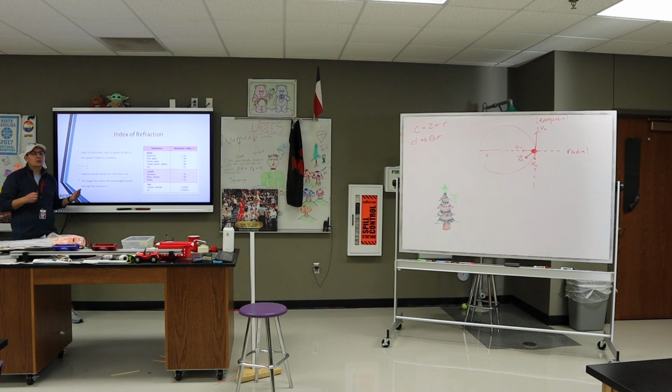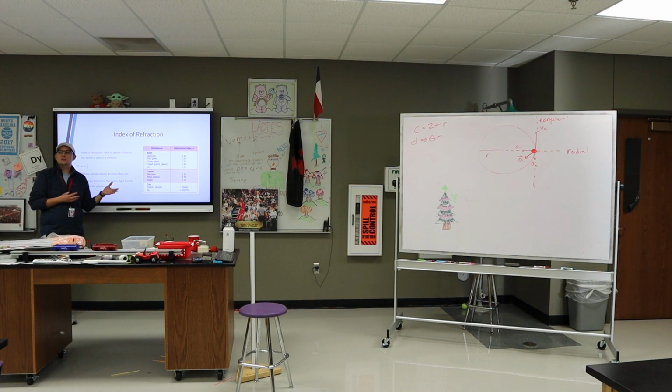And what you see here is kind of common sense. When you know that the speed is effectively changing because of interactions with the medium, you would think that the light would travel the fastest through gases and the slowest through solids because it has to be absorbed and re-emitted more times. Does that make sense? And we see that in the index here, right?